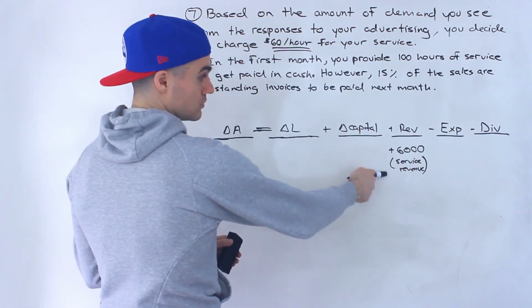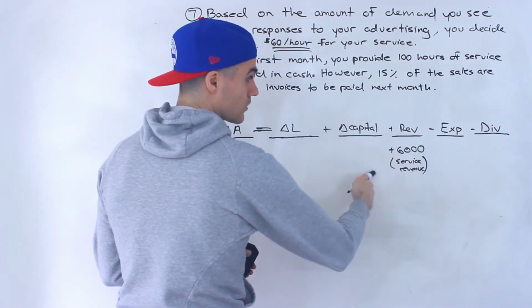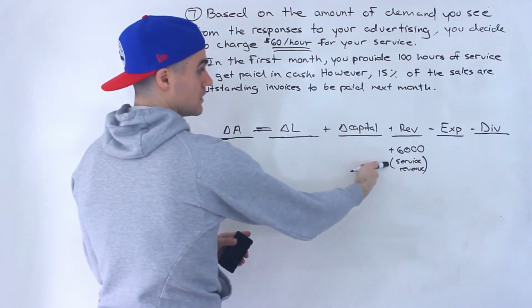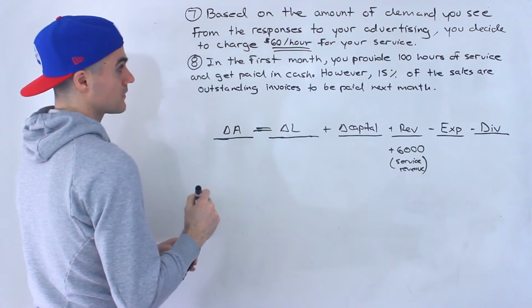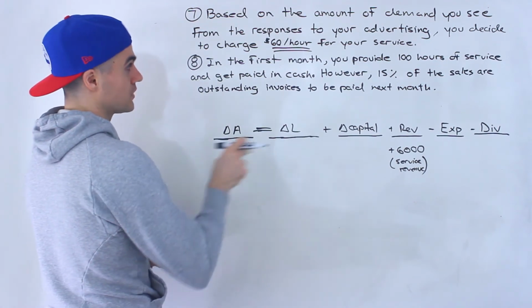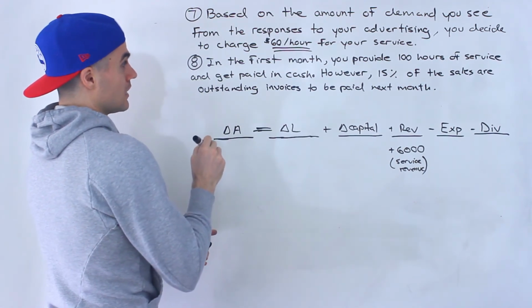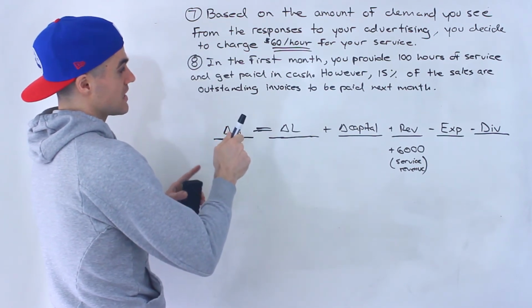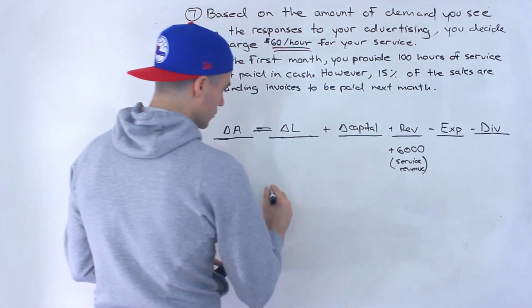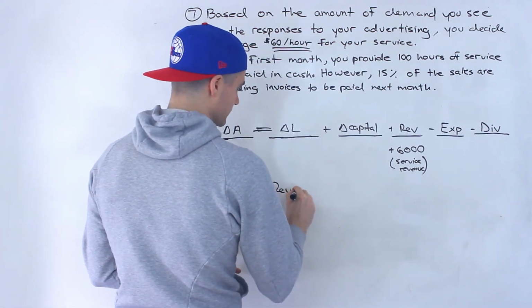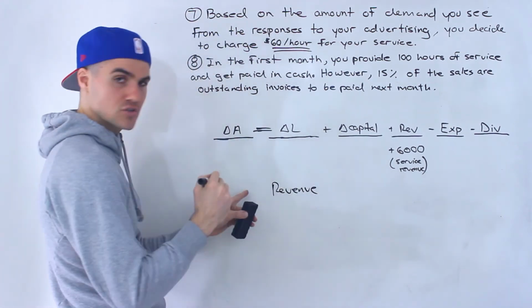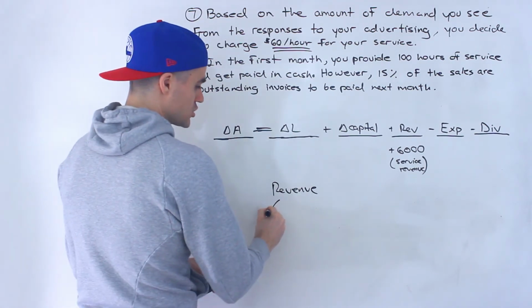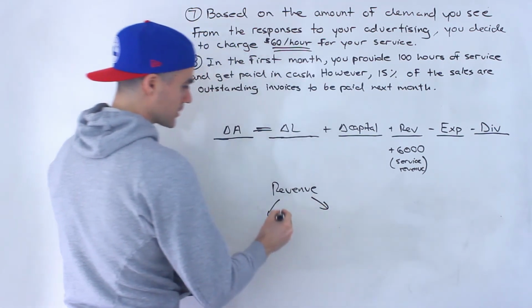Right? So 6,000 of revenue you realized, right? You provided that service. So 6,000 of revenue is inputted in the system. And then it says you get paid in cash. However, 15% of the sales are outstanding invoices. So bringing revenue back. In exchange for the revenue, just in general, there's two things that can happen.